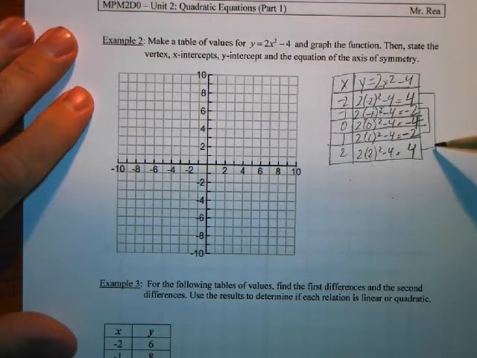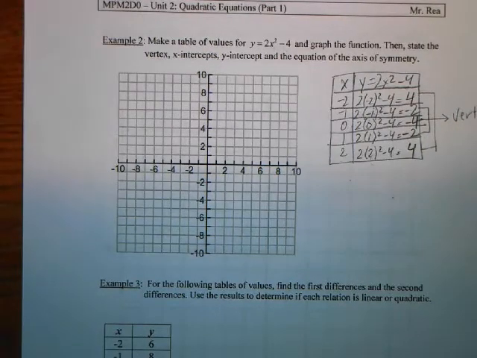So not only is the graph symmetrical, but the table of values is also symmetrical. And the interesting thing we're going to find out is that guy that's in the middle there that doesn't really have a partner, that's actually the vertex. Okay? And it's kind of interesting we can figure that out without even graphing it.